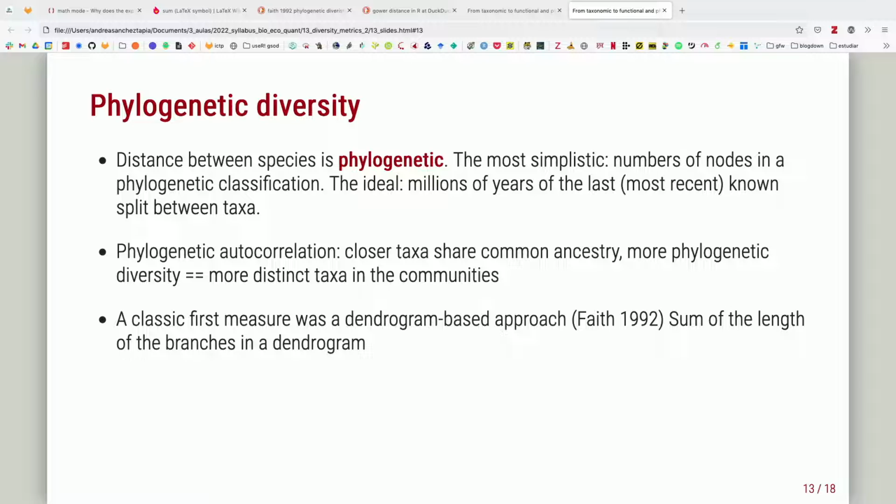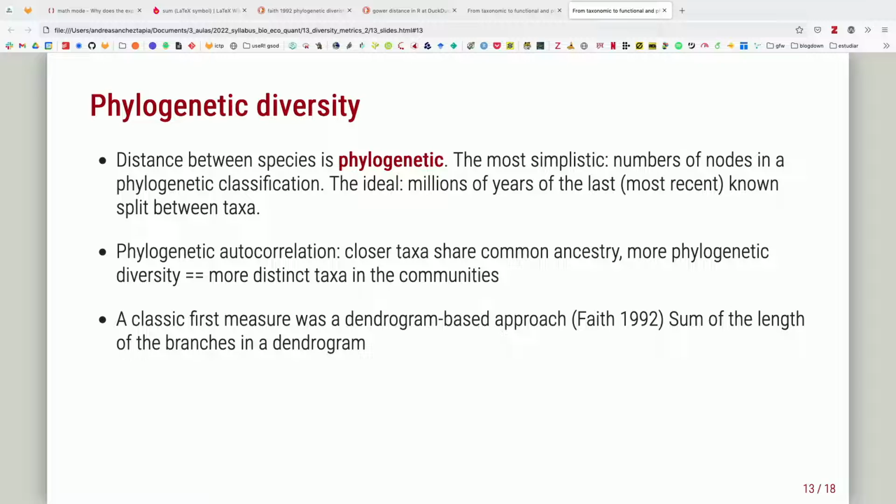The most simplistic way of seeing this is counting the number of nodes that separates any two species in the community, which is just for simplification. So if you have a phylogenetic tree and you have some nodes separating the species, like 1, 2, 3, 4, 5, you would say that these two first species are apart by one node, and that these two species are apart by like one.